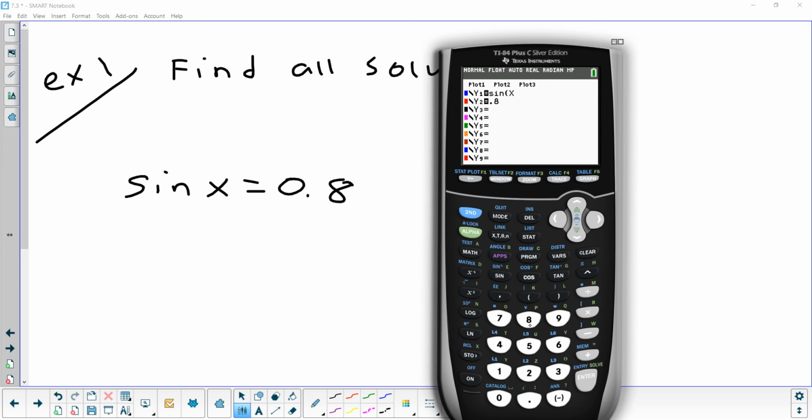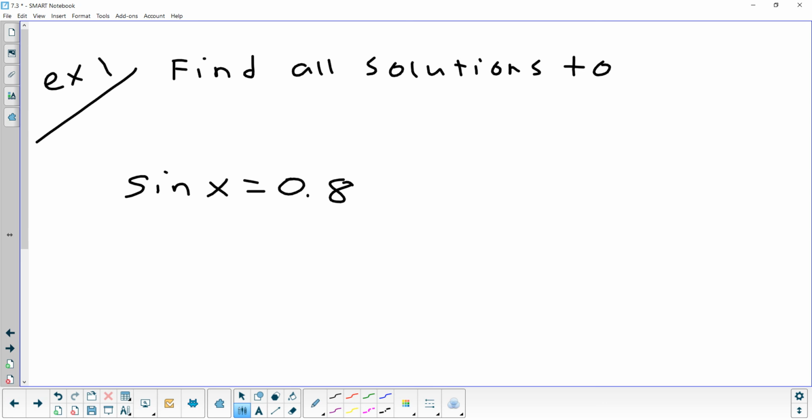Yep. You should set your window to what period? Yep. Set my window so I'm looking at exactly 1 cycle. If you look at less than 1 cycle, you could miss answers. If you look at more than 1 cycle, you might be looking at extra answers that you don't need. So set it to exactly 1 cycle. What's the period of sine without any transformations? Yep.